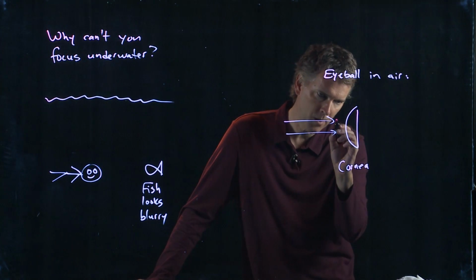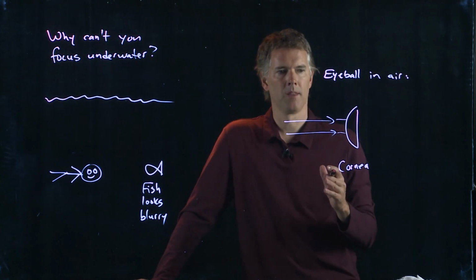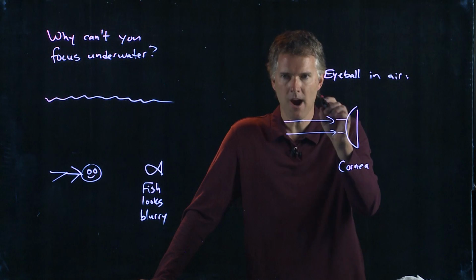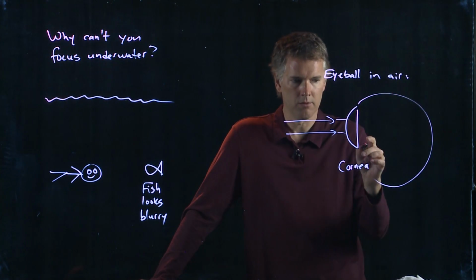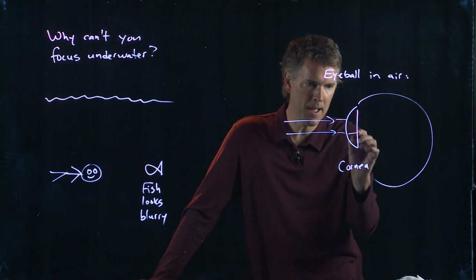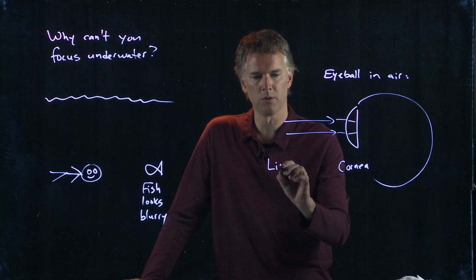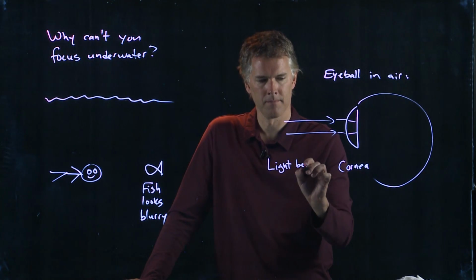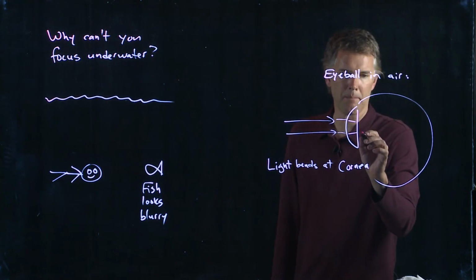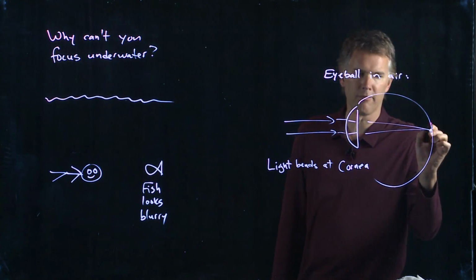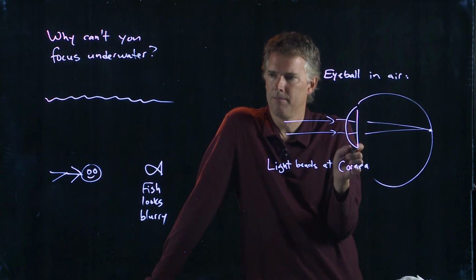And when this parallel ray comes in, it's going to hit this first interface. This is air out here. This is your cornea. There's the rest of your eyeball. And so there's going to be bending at that first surface. The light is going to bend at the cornea. And it's that bending at the cornea that's going to allow it to focus on the back of your eyeball. But why does it bend there?